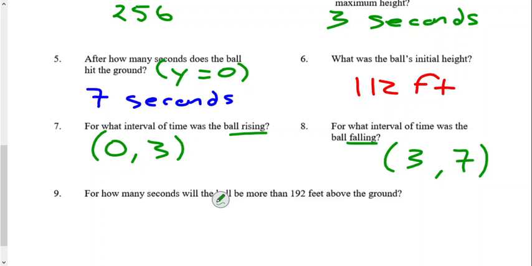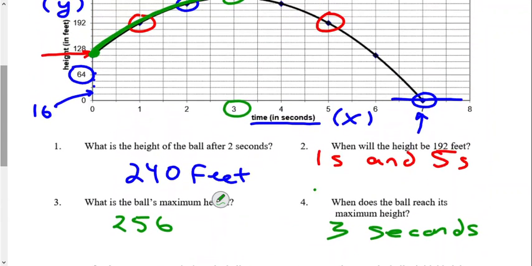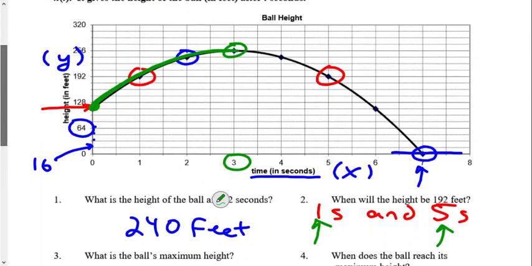For how many seconds will the ball be more than 192 feet above the ground? We could say, what interval was the ball above 192 feet? It's the same answer. So go back up here. It was at 192 feet at 1 and 5 seconds, which means it was above 192 feet during that time.